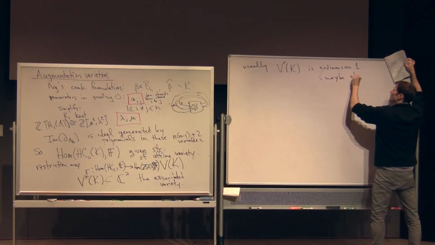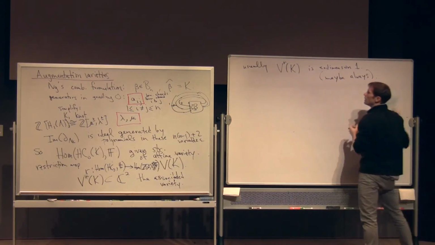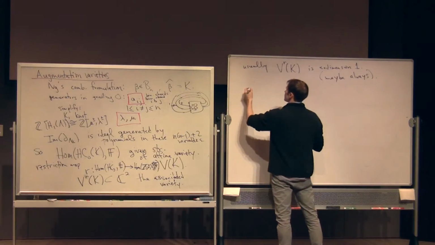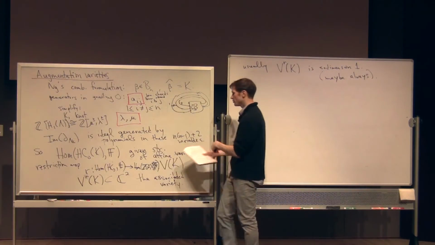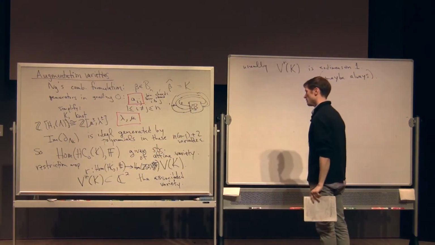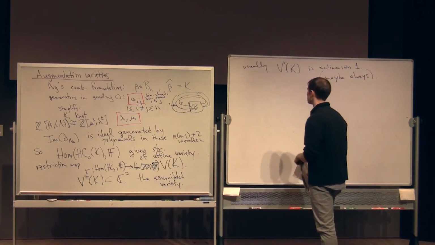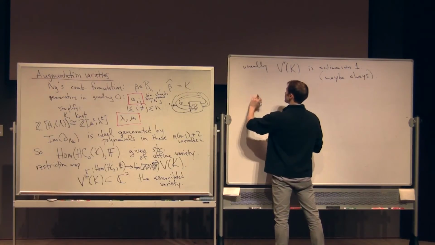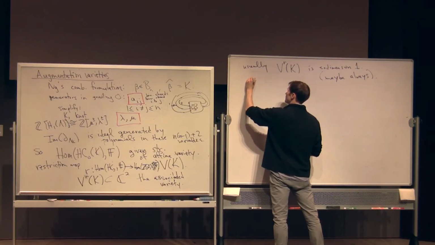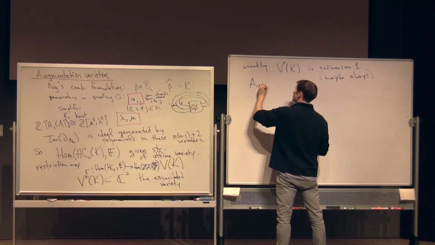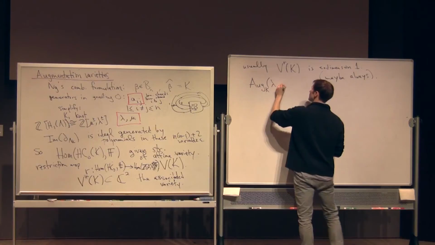Maybe always. So we get a polynomial that is cut out by this curve. And by picking a normalization appropriately, we get a well-defined polynomial called the augmentation polynomial.